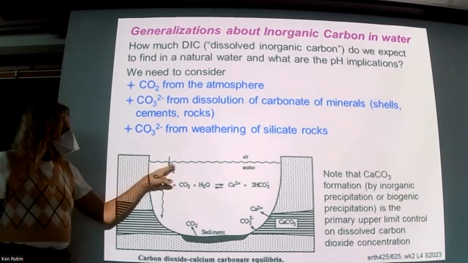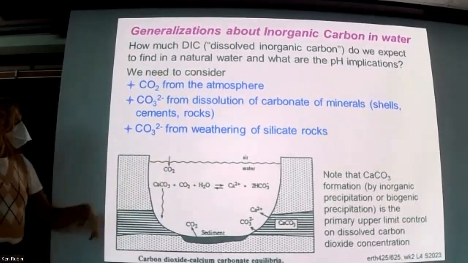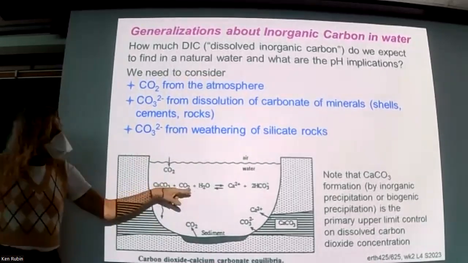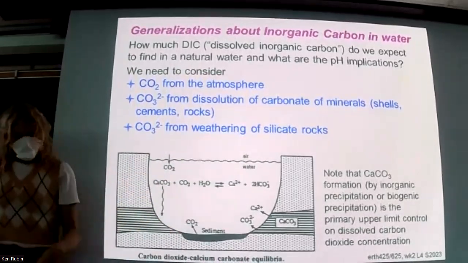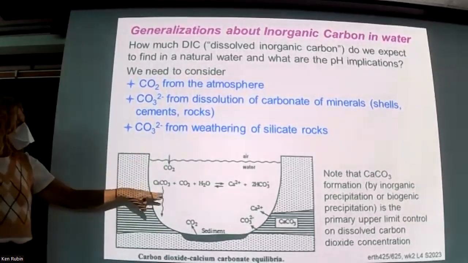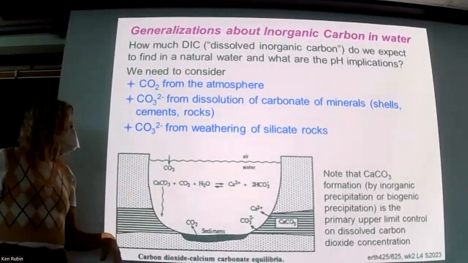And this is an image from the textbook showing carbon dioxide exchange at the air-water interface. The formation of calcium carbonate shells by organisms that precipitate them can affect the equilibrium for carbonate in water in both directions.